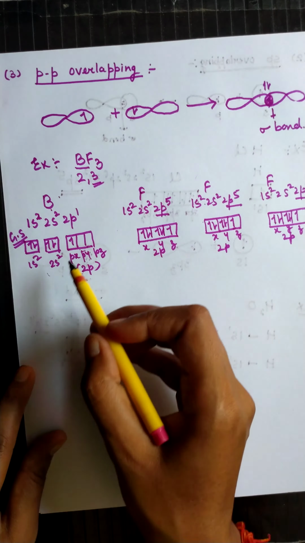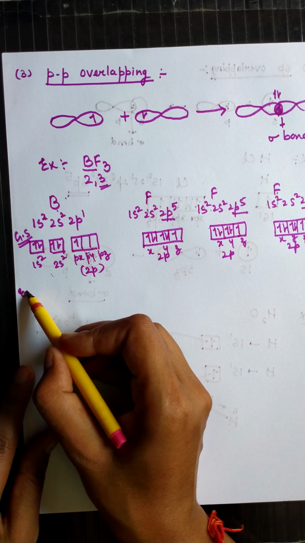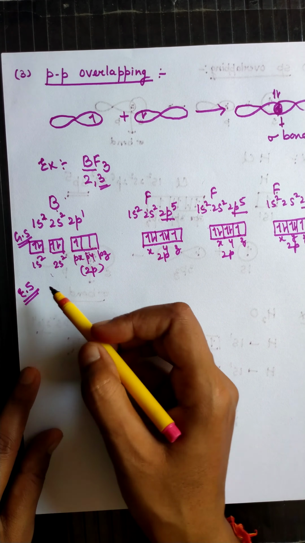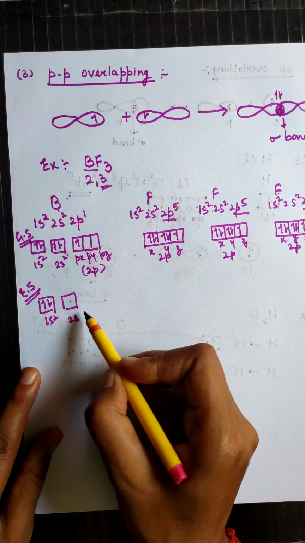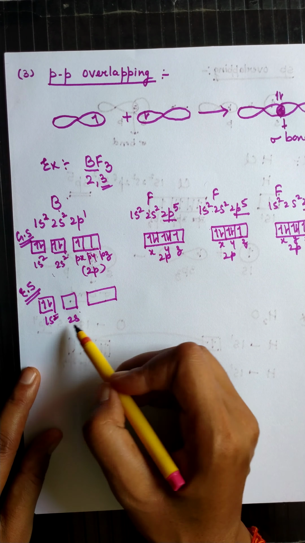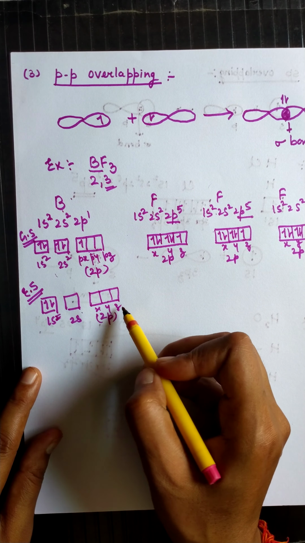So the 2s orbital will get energy and get excited. This is the excited state I am going to draw. This is 1s2, this is 2s, and this is 2p, that is 2px, 2py, 2pz.